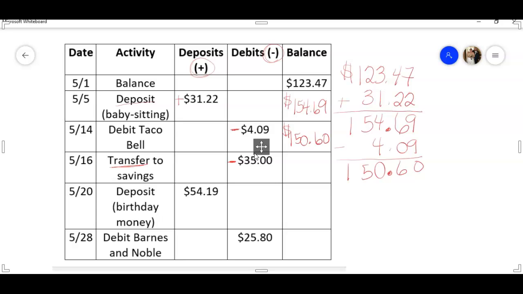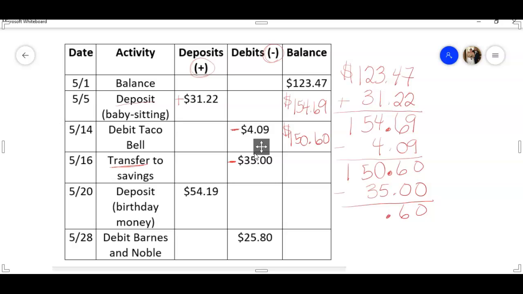Absolutely, because I'm saving it. But what this tells me is that this person, like myself, has both a checking account and a savings account. So this money is going from one account to another. So this is a debit, because it is coming out of this account. So I need to take away $35.